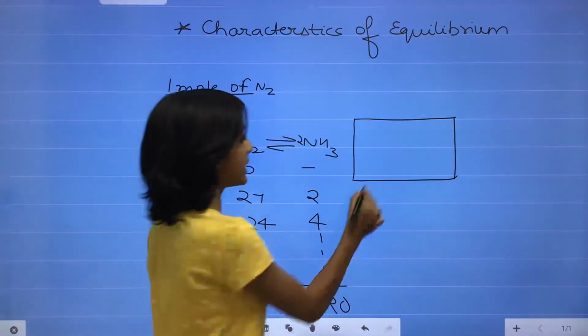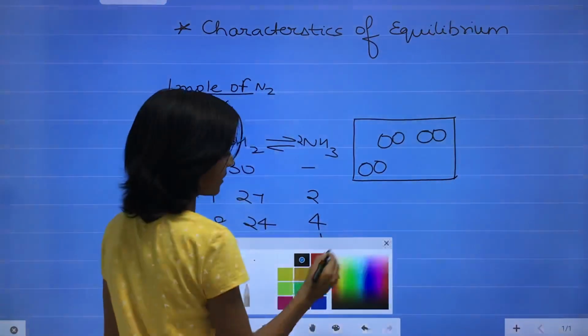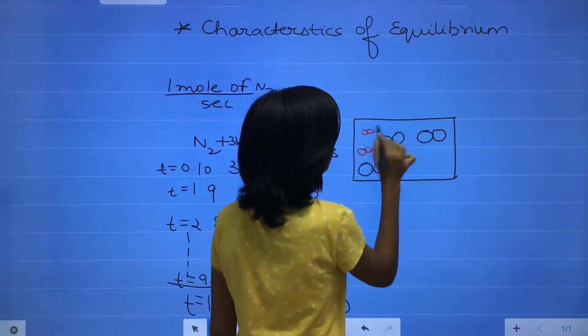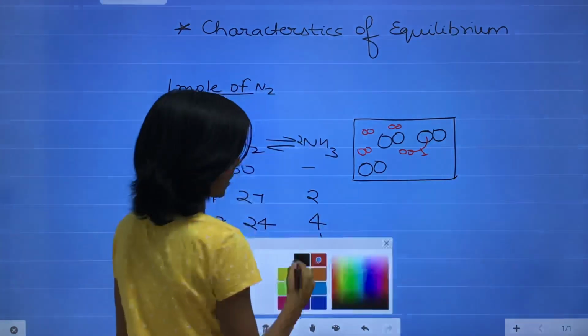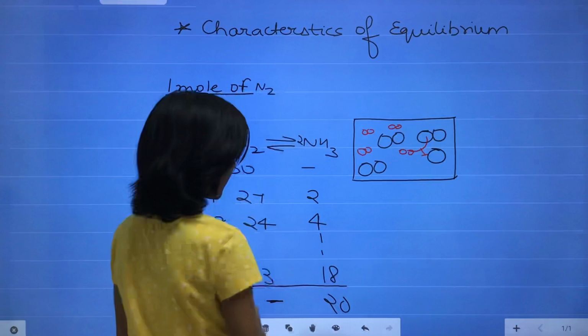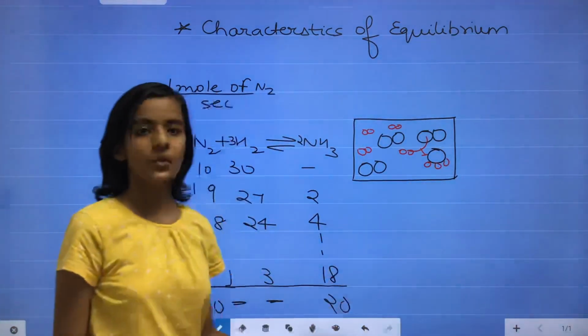So we have taken nitrogen and hydrogen, and these both combine and form the ammonia molecule. As the reaction proceeds, we see the color change.